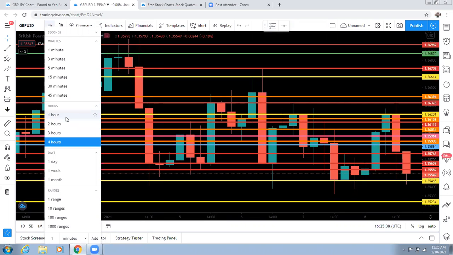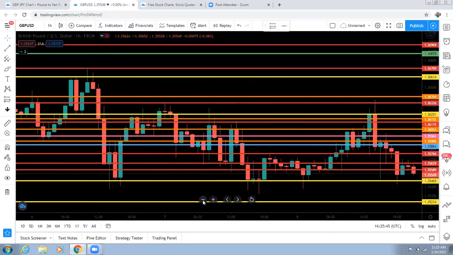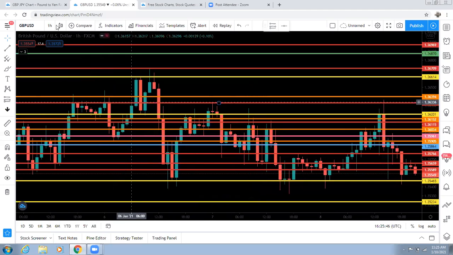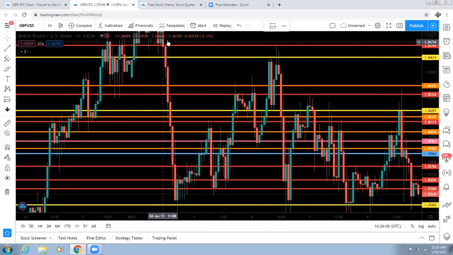According to the month. We look at the other time frame, which is the hourly, and we're going to see some buying and we're going to see some selling. Y'all get that? But this here signifies what?